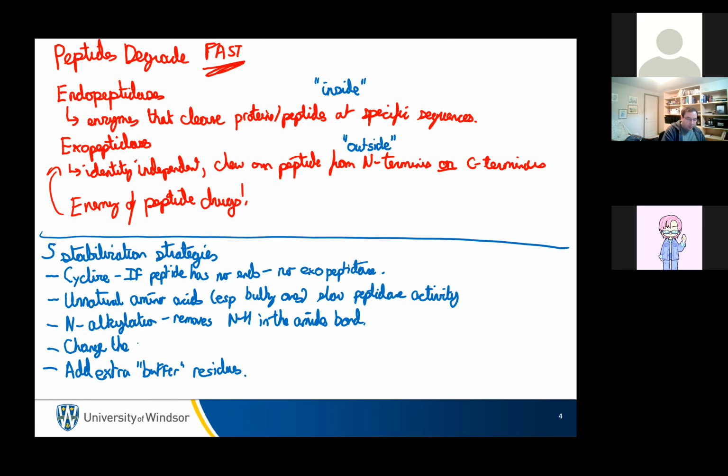I'm going to take a look at a couple ways to do this. And what you can essentially do is shift the reading frame. So what do I mean by that? Well, a peptide is NH, alpha carbon, carbonyl carbon, NH, alpha carbon, carbonyl carbon, NH, alpha carbon, carbonyl carbon.